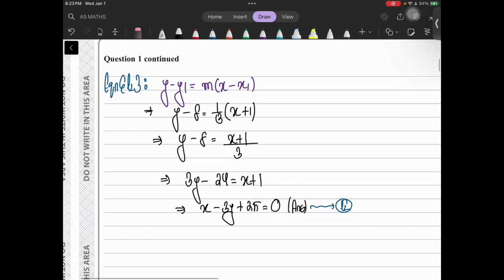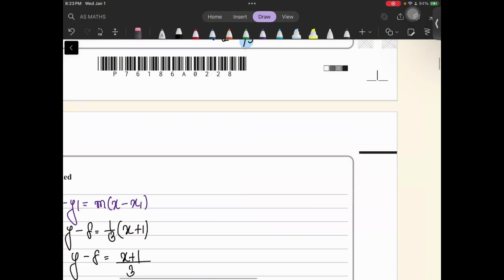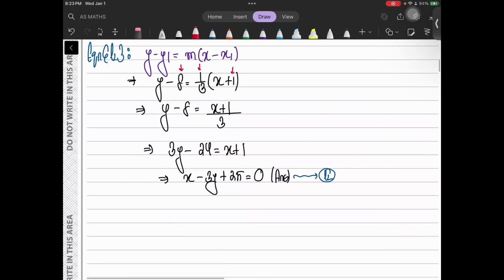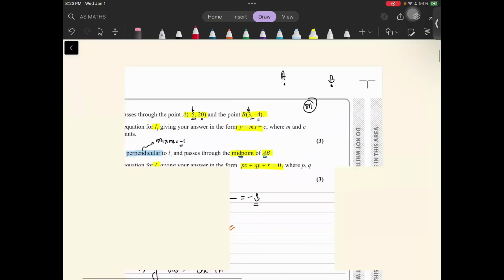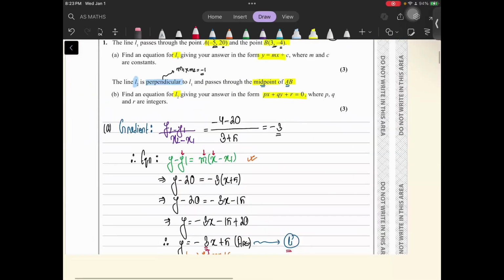You just plug in the coordinates of the midpoint of AB, minus 1 and 8 respectively, and the gradient 1 by 3, and then you simplify the equation further and form an equation like this: x minus 3y plus 25 equals 0. It's in the format as shown in the question above. So let's just move on to the next one.